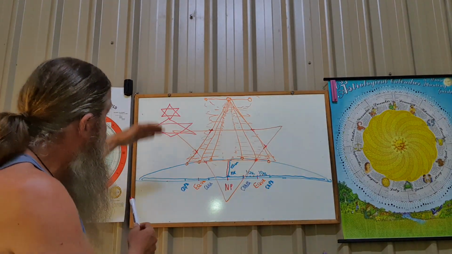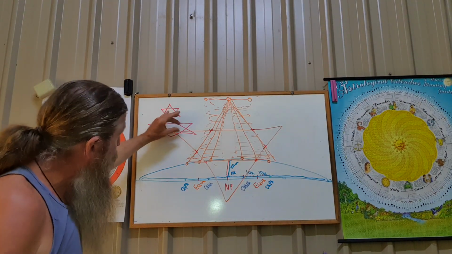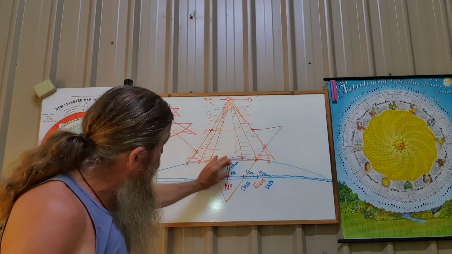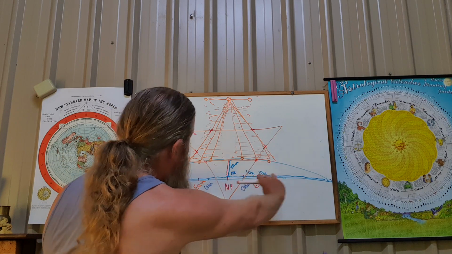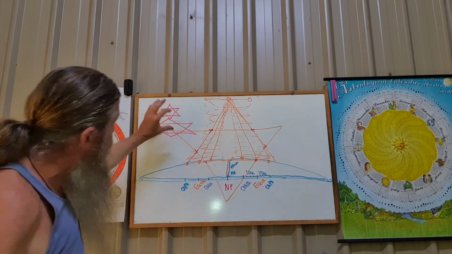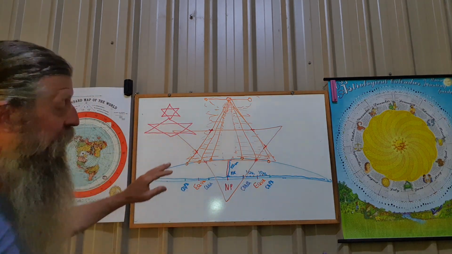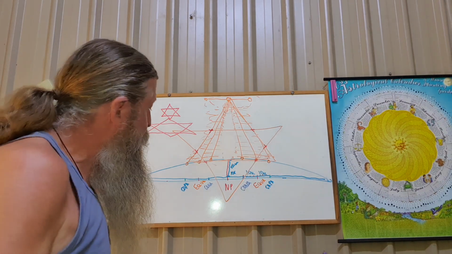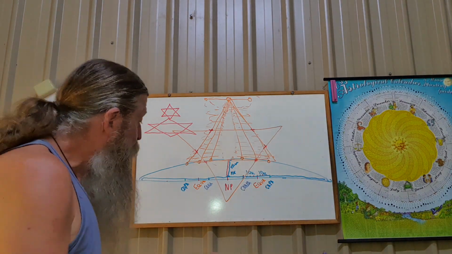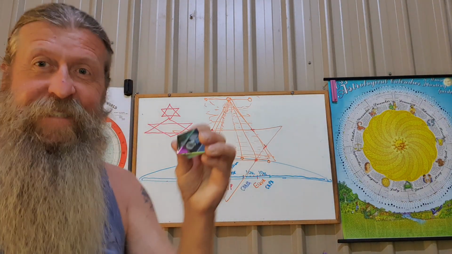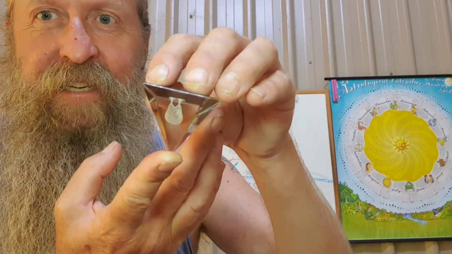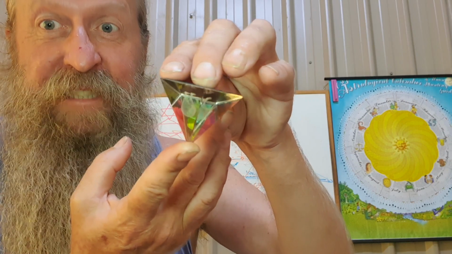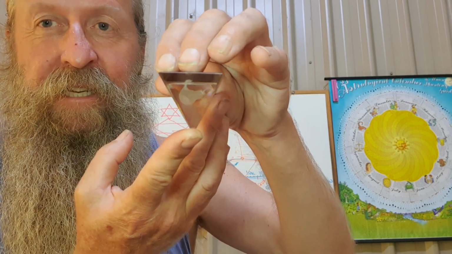Now if you could squash that down even more and put it all into here, this tiny little bit here, and spread it out all the way across this star tetragrammaton, and understood the refractive nature of the crystalline firmament and everything.